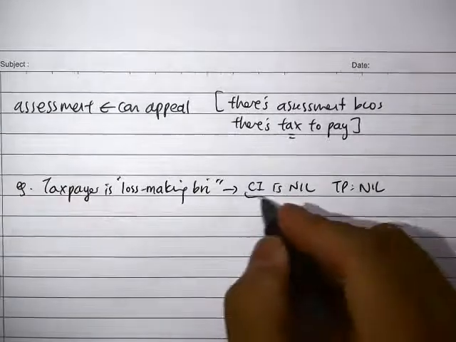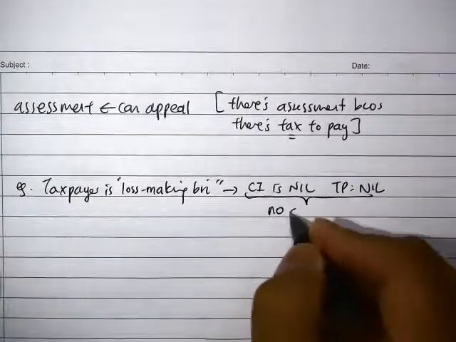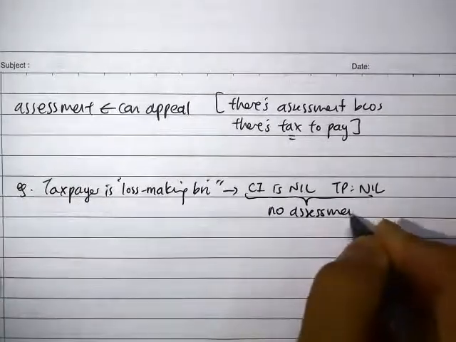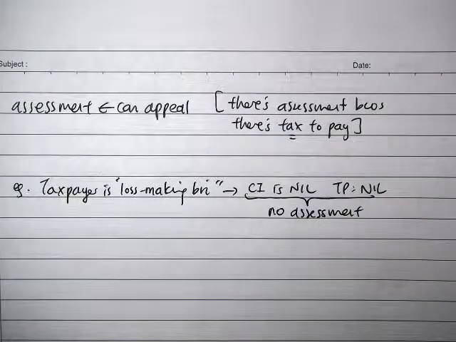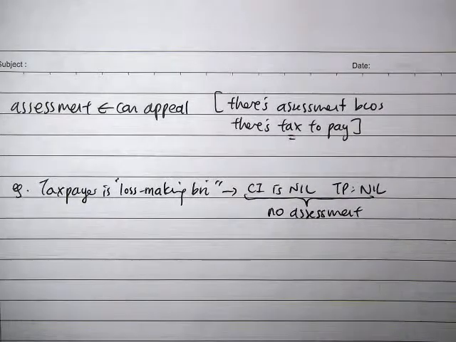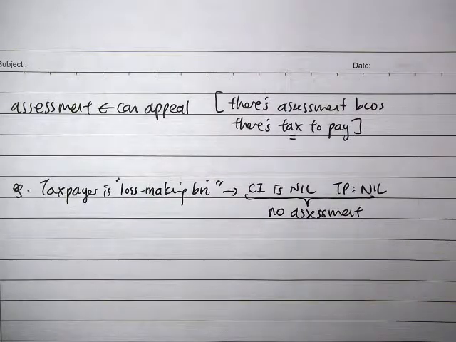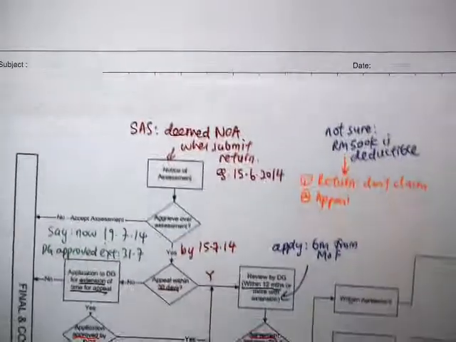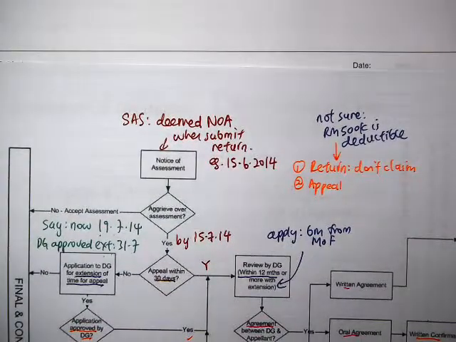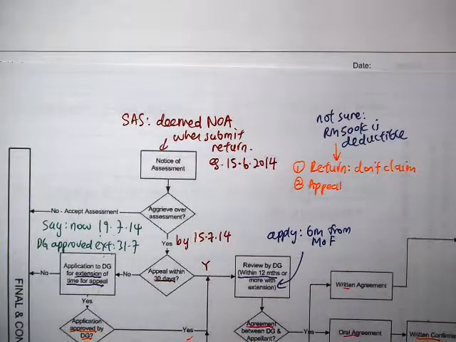In this situation you have no assessment, because an assessment is an order to pay tax. Now if you have no assessment, under the legal procedure you're not allowed to appeal, because an appeal is within 30 days from the notice of assessment. If the assessment is not there, then the right to appeal is not there.